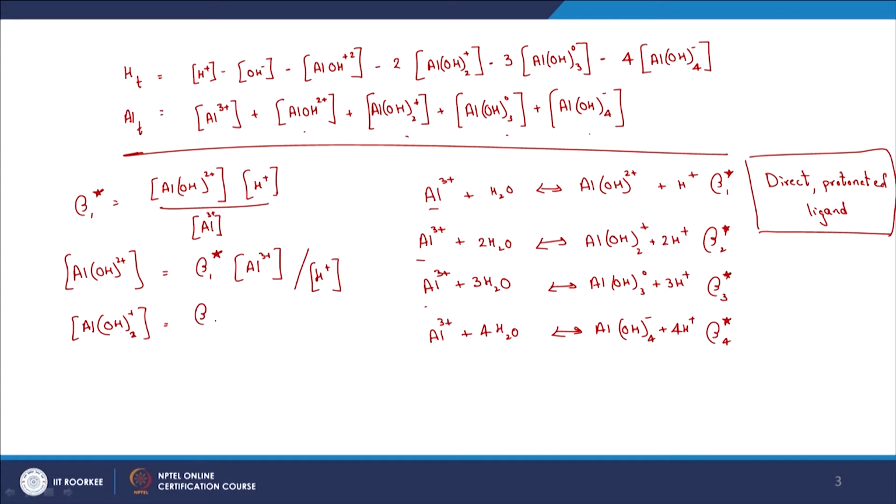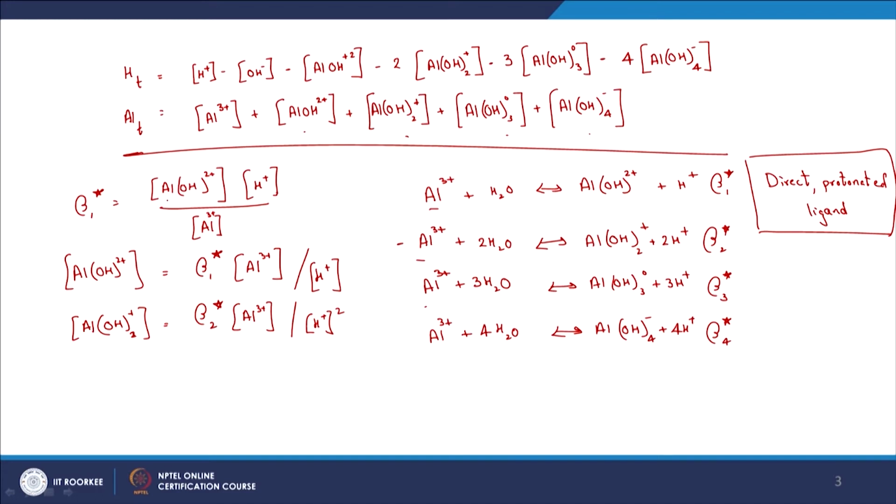So that's going to be equal to beta 2 star into Al3+ by H+ squared, right. Again, that's from this particular equation. And what is beta? Again, a different form of expressing the equilibrium coefficient based on the type of reaction.